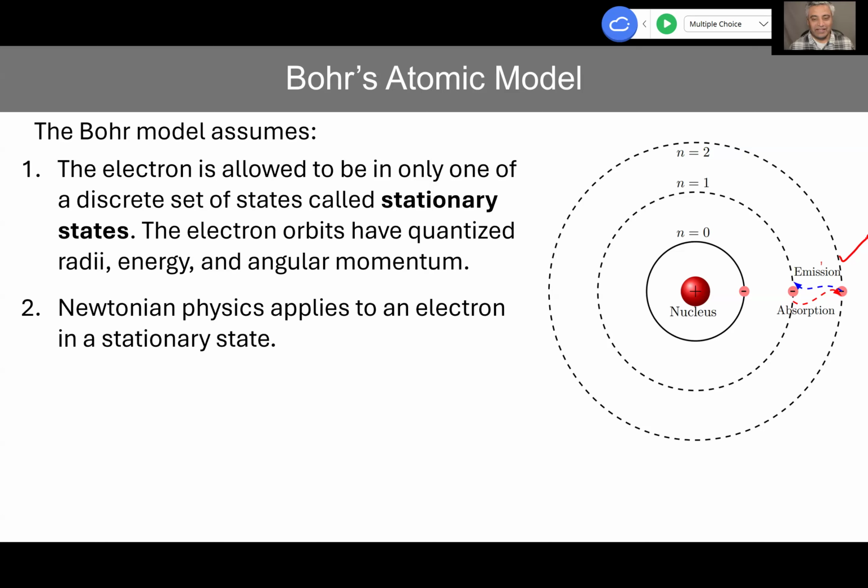So Bohr says, okay, they are there, and as long as they are in a particular orbit, they don't emit energy. Those orbits are called stationary orbits, and that state of the electron is called a stationary state.